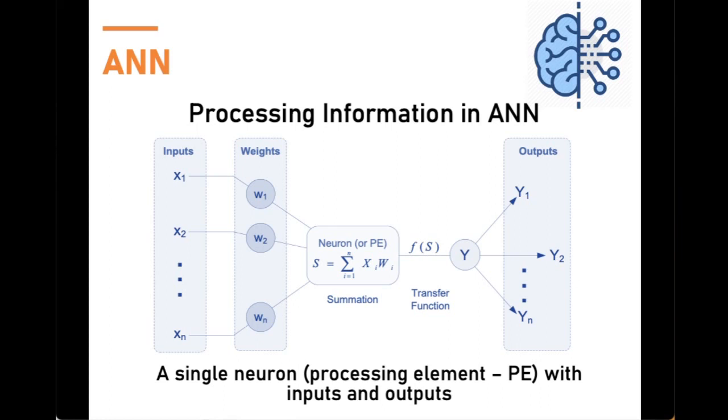This allows the network to learn complex patterns and relationships in the data. And we will talk about this activation transformation function later on in this lecture. The output of the activation function becomes the output of the artificial neuron.